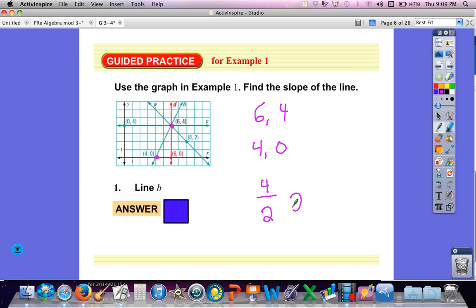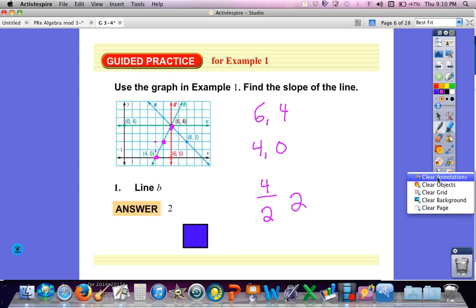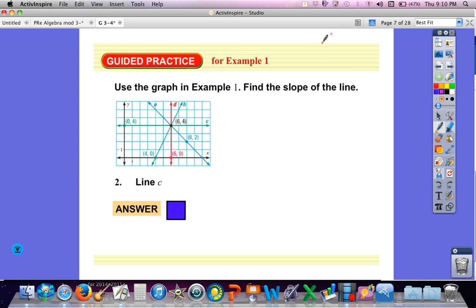So that should be a slope of 2. And I'm actually going to check this, because what should happen if it's 2 is if I start at this point, if I count up 2 spaces on y and over 1, I should land back on the line. If I count up 2 and over 1, I land back on that line. So I did do that correctly. I'm very excited about this.